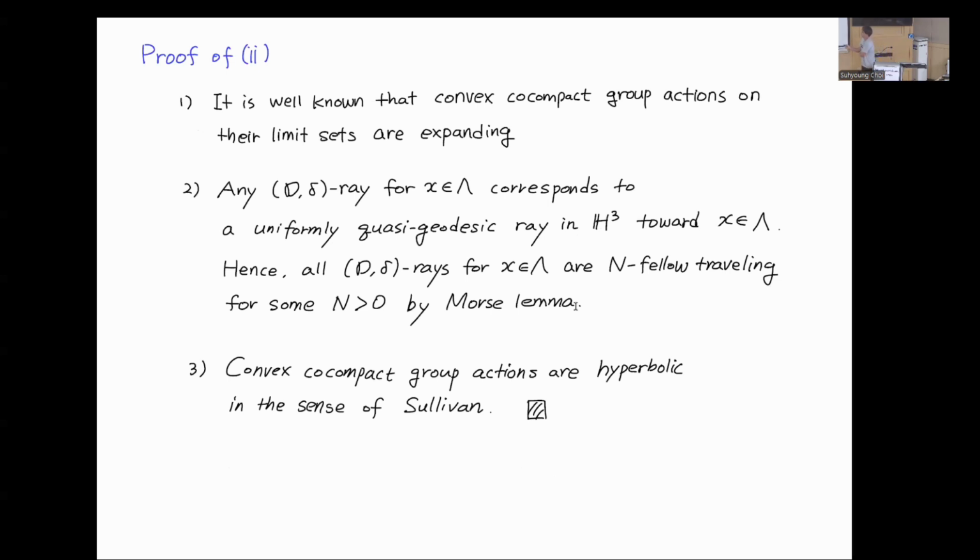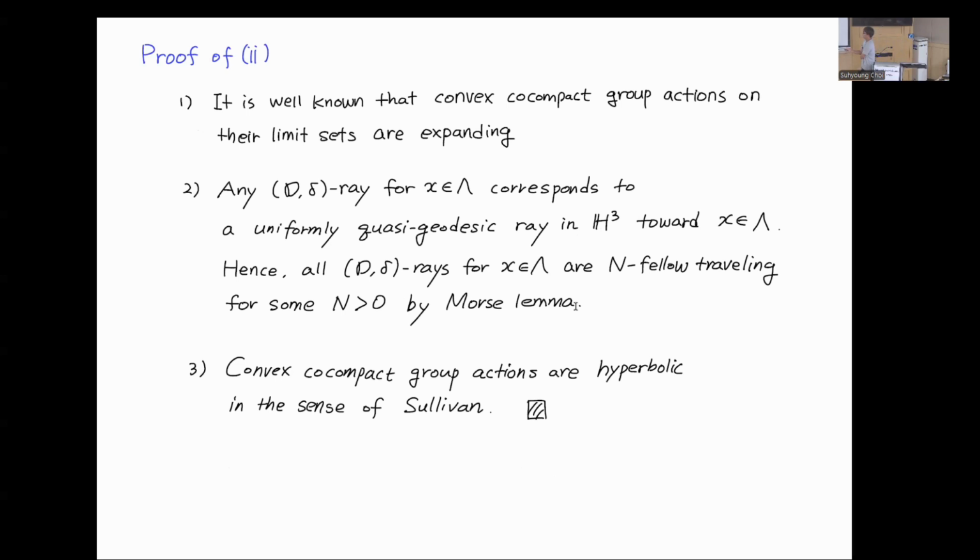Okay, so here is a proof. In the convex co-compact group case, the proof is very easy, because the convex co-compact group action on the limit set is expanding. So it is well known.